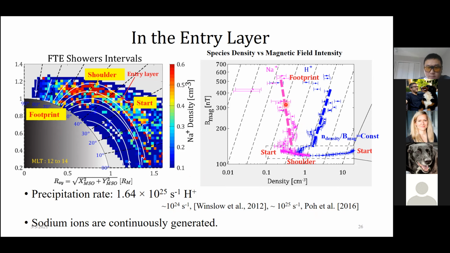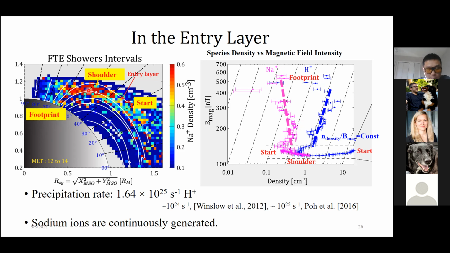But the sodium ions here exhibit very different changes compared to the solar wind protons. The density decreases as they approach the planet's surface, so they must come from a different source. Here we believe they are continuously generated. The solar wind particles move along the entry layer, and eventually they sputter the planet's surface and sputter neutral sodium and sodium ions out of the surface.